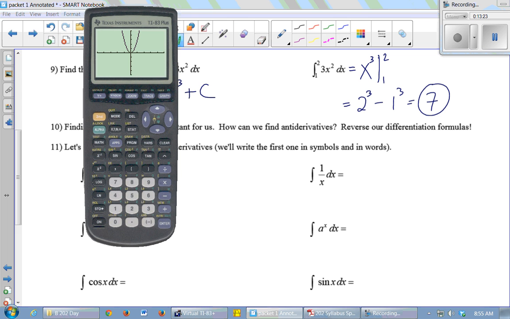Well, looks like I need to go a little bit higher. I've got to go higher than that. Go to 15. All right, so now I want the area from 1 to 2, so I do second calc, integral 1, 2, and it'll shade my area, and it tells me that that area is 7.